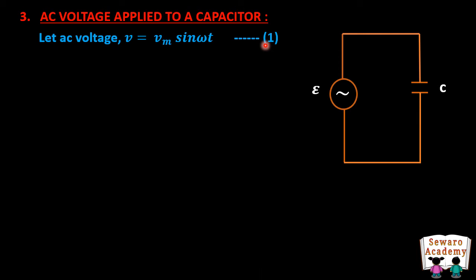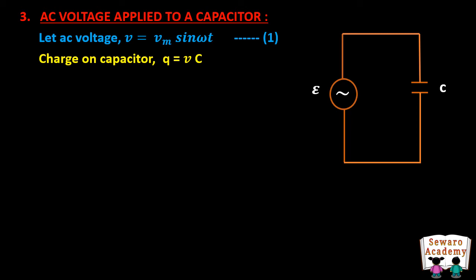We have already studied that the charge stored in the capacitor is given by charge equals voltage times capacitance. So we can write the charge on the capacitor Q equals V into C. Here we will use the expression for V from equation number 1, which is Vm sin omega t.